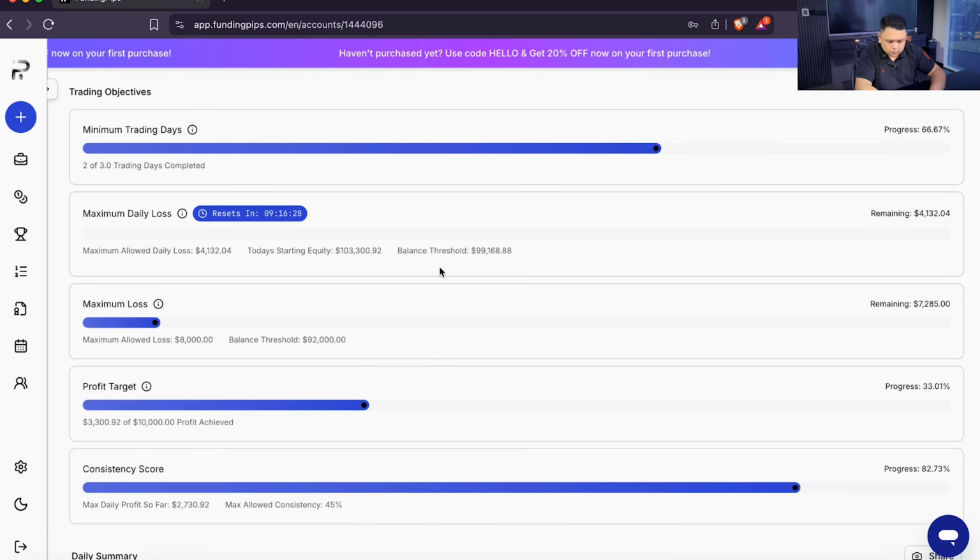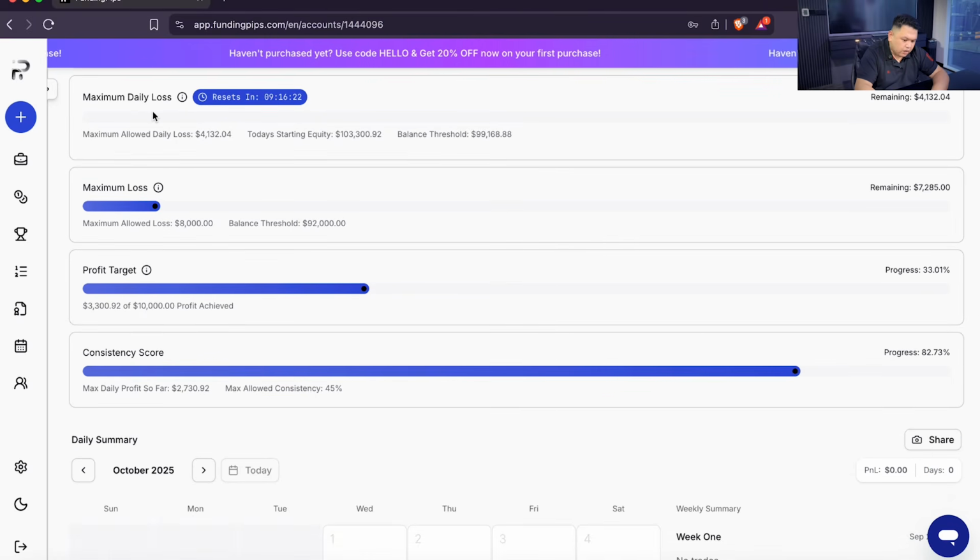Now, right below that, my risk limits, I can see if I've reached the maximum daily loss of the account. And right below that, some important details. It tells me what's the allowed daily loss, what's the starting equity for the day. And that's mainly because the daily loss is calculated based off the higher value of your starting equity or balance of the day.